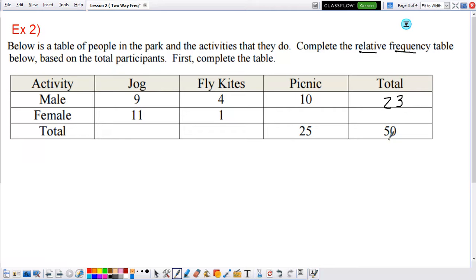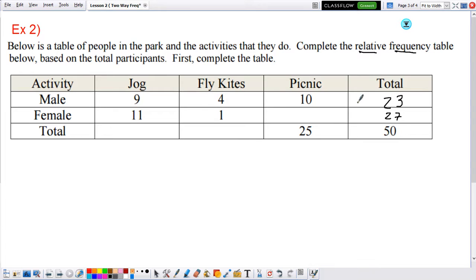Now, we know that in the column, if you add the subgroups, it should always be equal to the total. So 23 plus some other number here should be equal to 50. The number will be 27, because 23 plus 27 equals 50. Now this is something special about the total column.